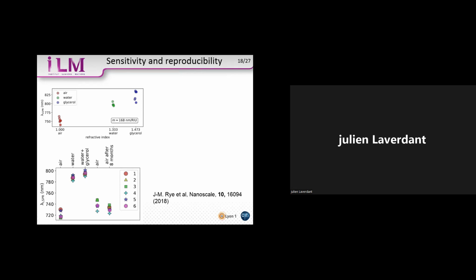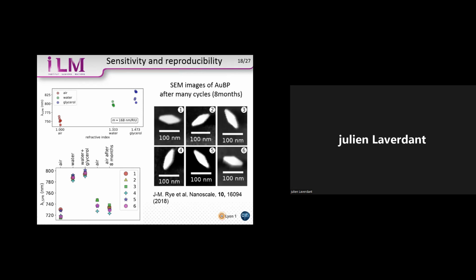The final thing is just to prove that we are looking at exactly the same 6 bipyramids. You can probe it with the image, but you can also do some SEM imaging. So here you have the shape of the bipyramids after many cycles of water and glycerin and after 8 months. You see that the 6 bipyramids are still looking quite okay after 8 months.